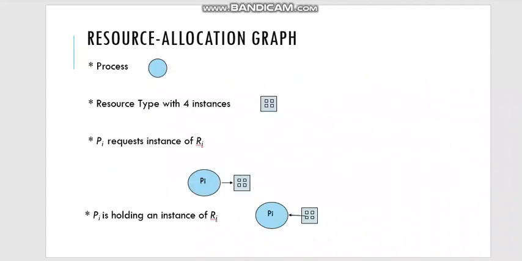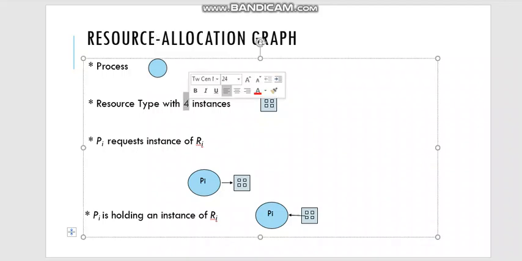Next, how can we represent this? A process is represented as a vertex. Then a resource has four types, meaning instances. So this is the resource with four instances. Then Pi requests an instance of Rj. How is it given? There are four instances of the resource, so it requests how many instances it wants.